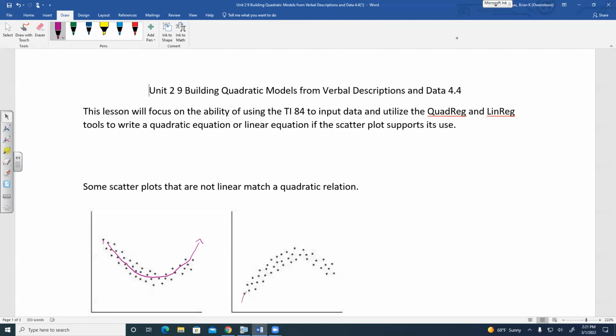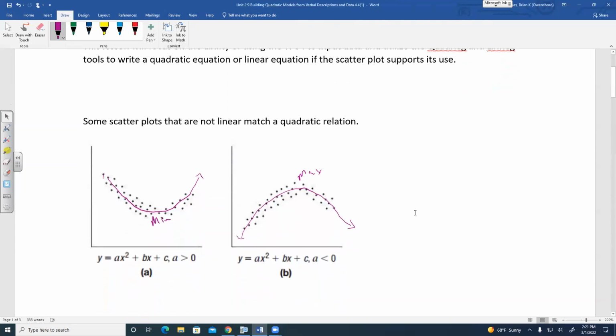And notice how this one kind of curves the other way. And remember, with quadratics, this would probably have a maximum, and this one over here would probably have what's called a minimum located at that vertex. So we're going to study data that may look quadratic or linear in this section.